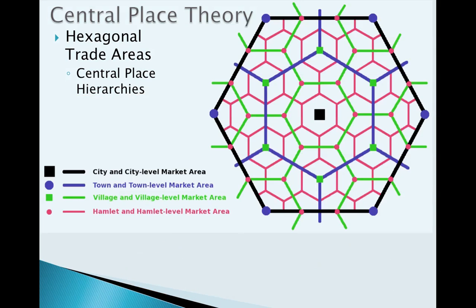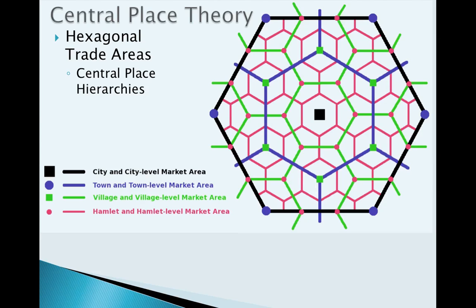So hamlet, village, town, and city, and those four levels of places go from smallest to largest. The hamlets have the small red circles. The villages have the green squares. The towns have the purple circles, and there's only a single city at the center of the entire diagram.